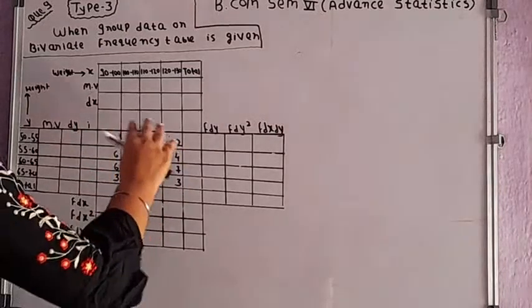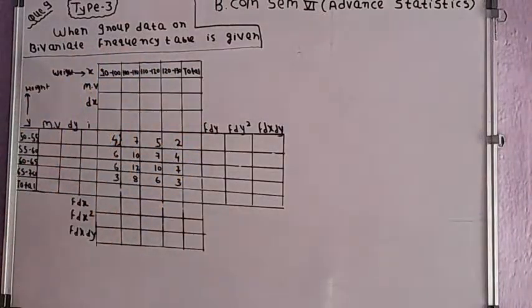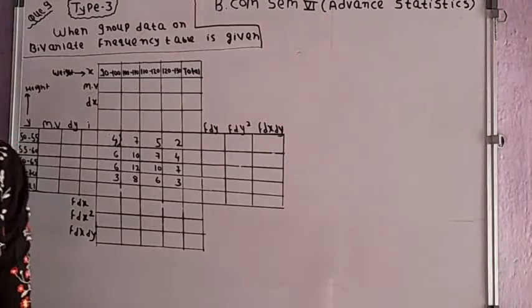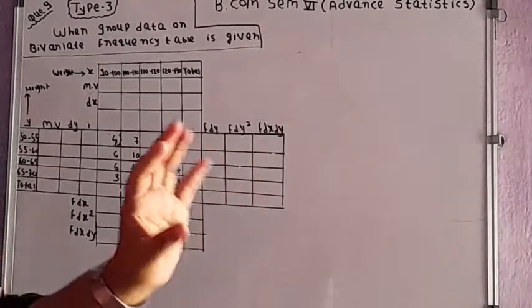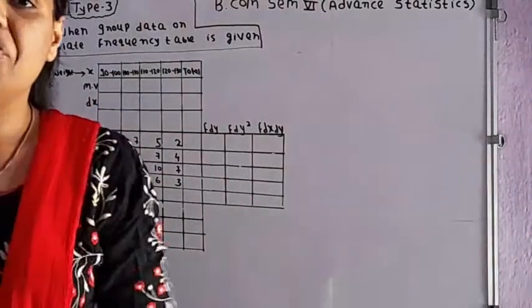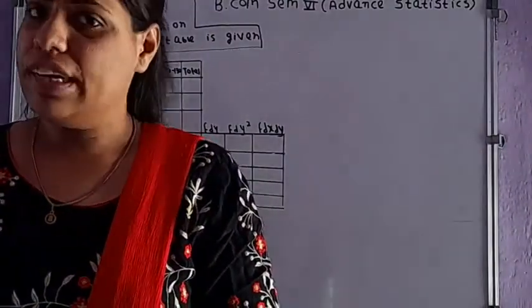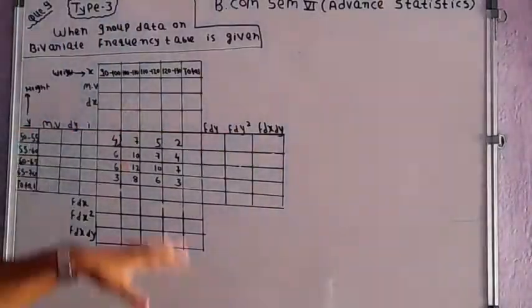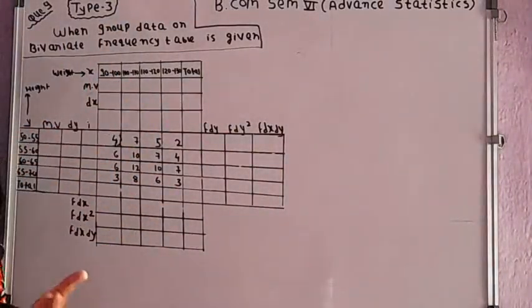With the help of this data, we have to draw the two lines of regression and find out the coefficient of correlation. So these are the two things that we have to do over here.